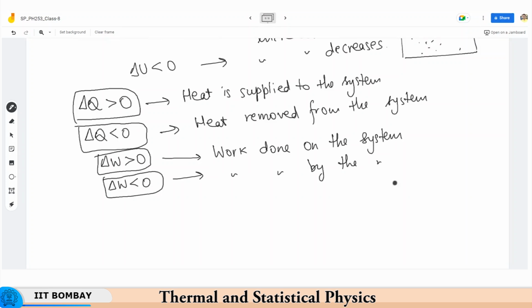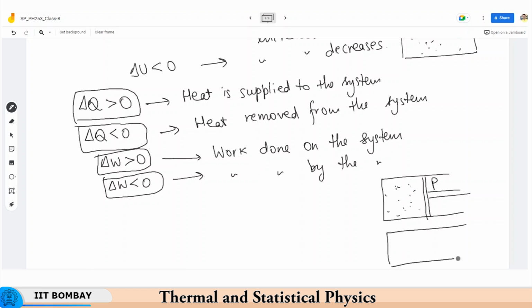Let us again try to draw that. Say there is this wall which is attached to a piston kept at pressure P, and you have a collection of these molecules, and after some time the volume increases by dV. In this case you can see that since the volume of the system is increasing, the piston is moving outwards, so work is done by the system on the universe.